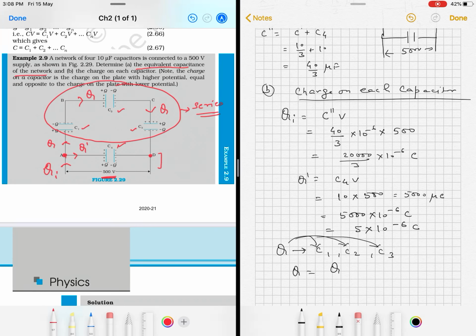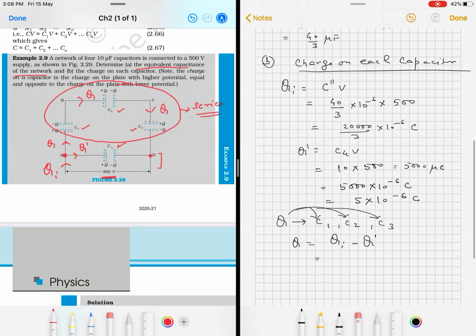This Q is equal to Q initial minus Q dash. So Q initial is 20,000 upon 3 into 10 to the power minus 6 minus Q dash. Q dash is 5,000 into 10 to the power minus 6.